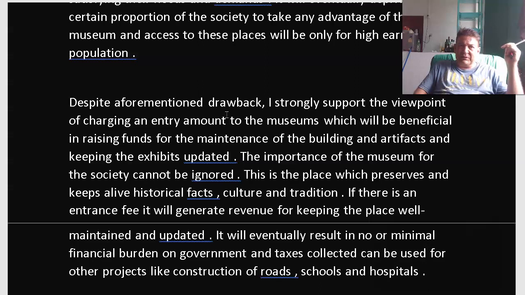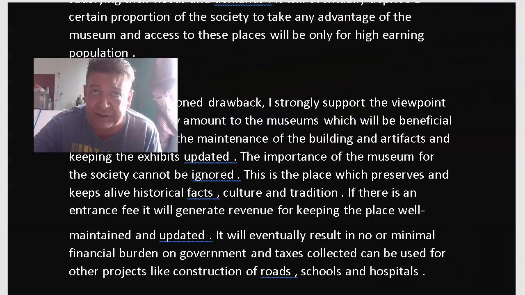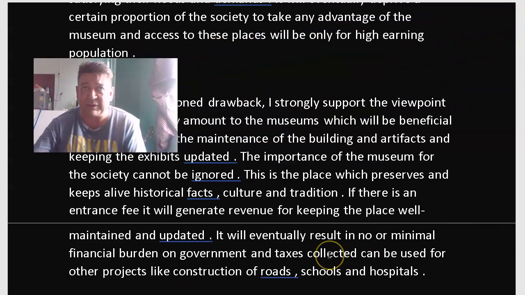"If there is an entrance fee, comma, it will generate revenue for keeping the place well maintained and updated. It will eventually result in no or minimal financial burden on the government." Why is that a good thing? Oh, taxes can be used for other projects.